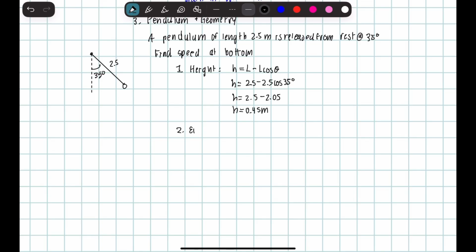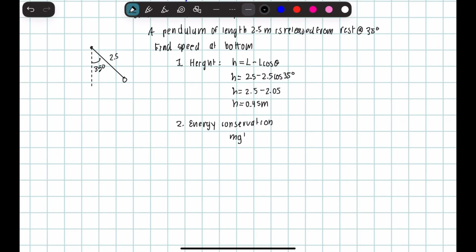Now we have to do some energy conservation. We know that mgh is equal to 1/2 m v squared, and because the mass cancels out, we just have gh is equal to 1/2 v squared.